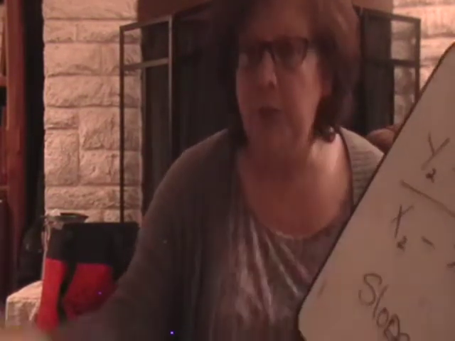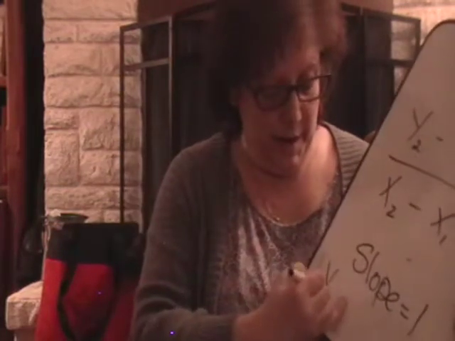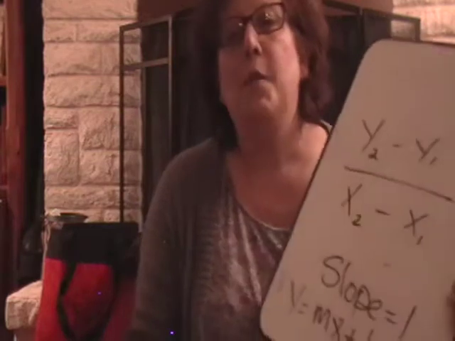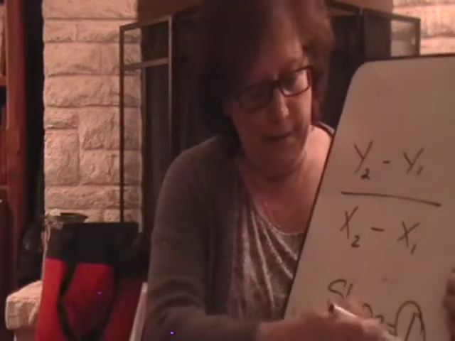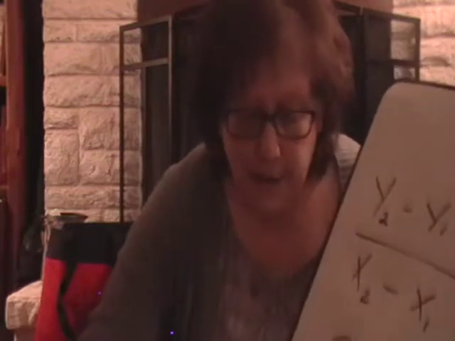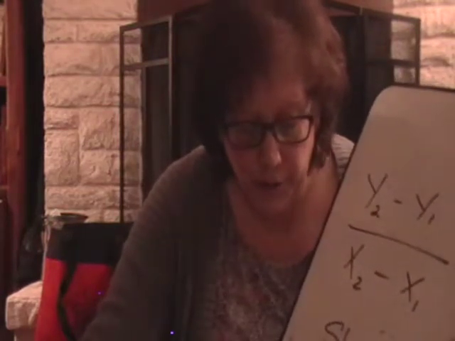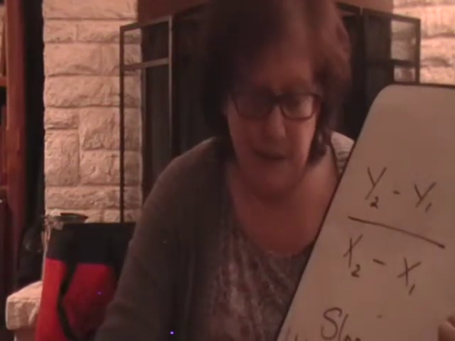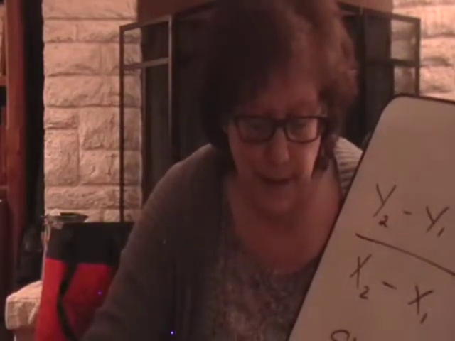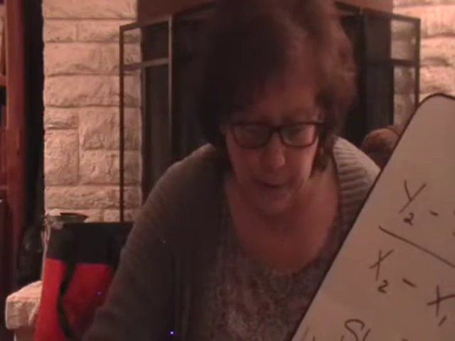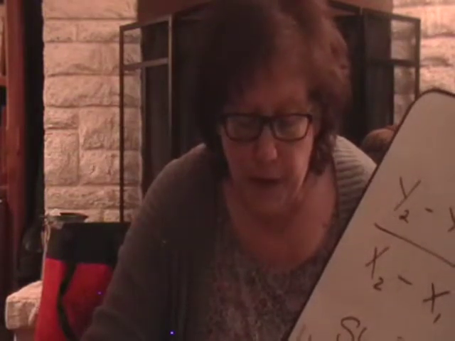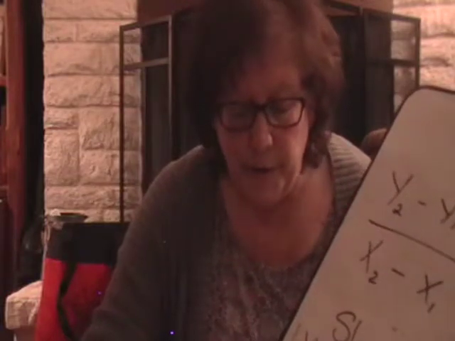Then how do we want to write it? y equals mx plus b. Well, I know what my slope is, right? I'm going to put it right there. The next piece is to determine if there's anything else I can find out. We're going to look for the y-intercept.